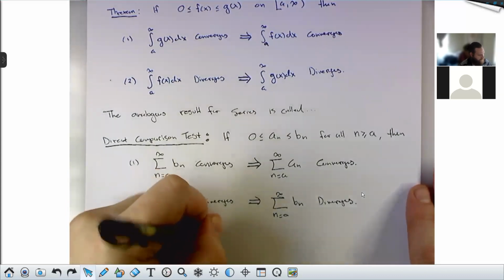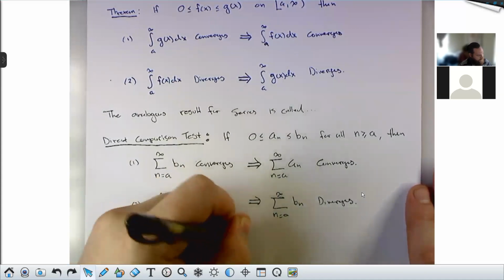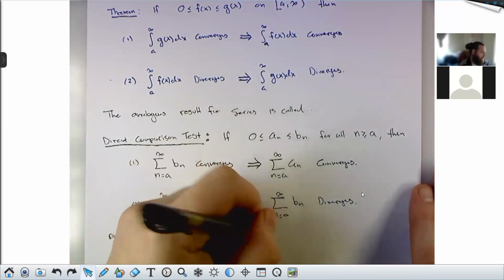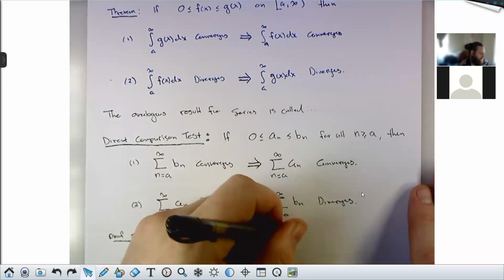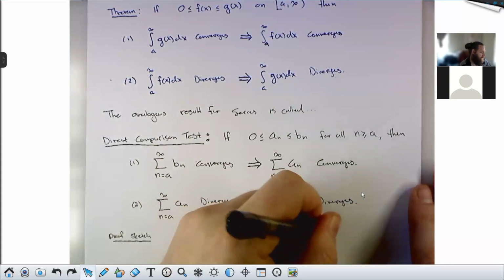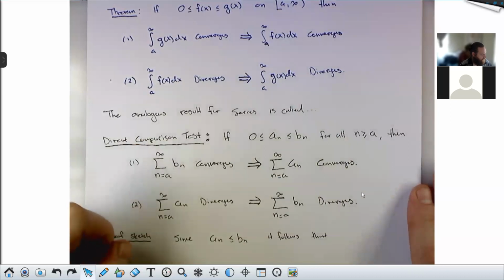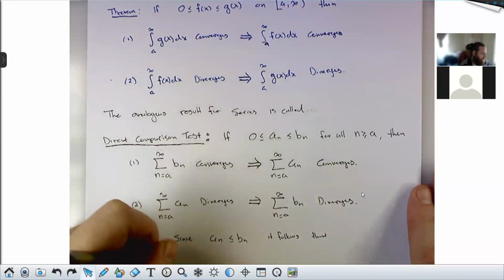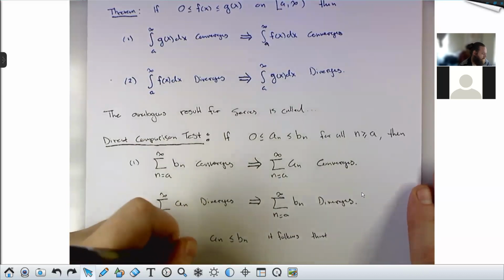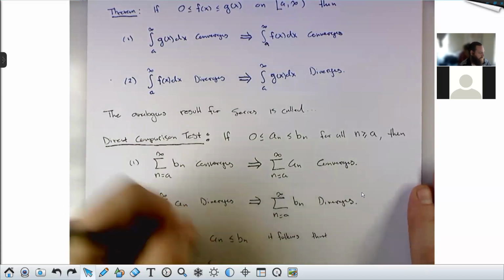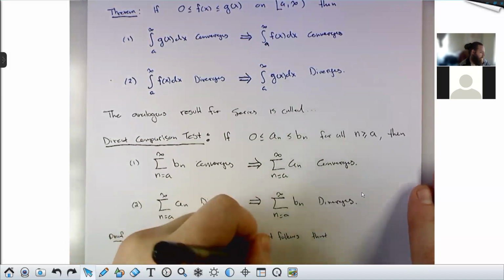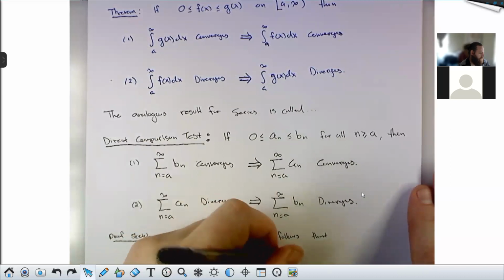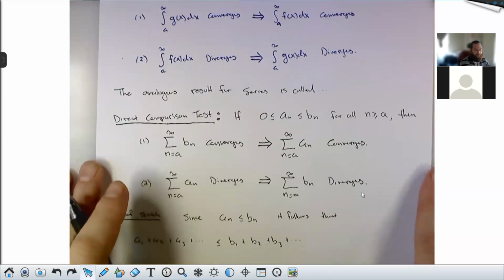Since an is less than or equal to bn, it follows that, say, a1 plus a2 plus a3 plus and so on is less than or equal to b1 plus b2 plus b3 plus and so on, right?